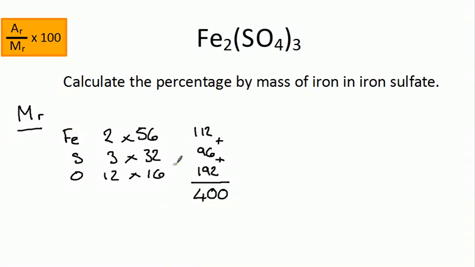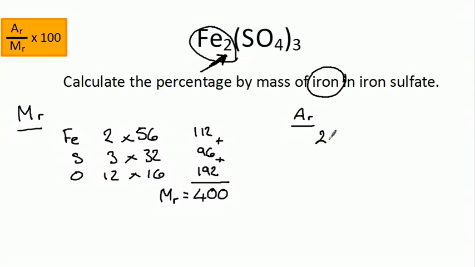So the MR equals 400. Now, the AR. I'm interested in iron, but we've got this 2 here. So the AR is actually 2 times 56, which equals 112, because there's 2 of them.